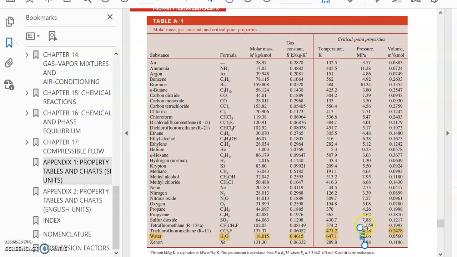Sorry, I have highlighted the wrong value. But here, in the second column from your right side, the pressure is 22.06 MPa. I just want to show where you can get the critical point properties for temperature, pressure, and volume for these substances. You can get it from table A1.